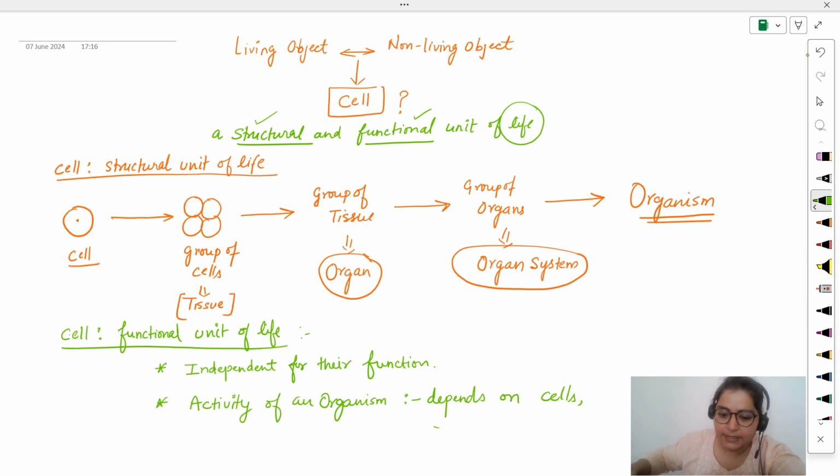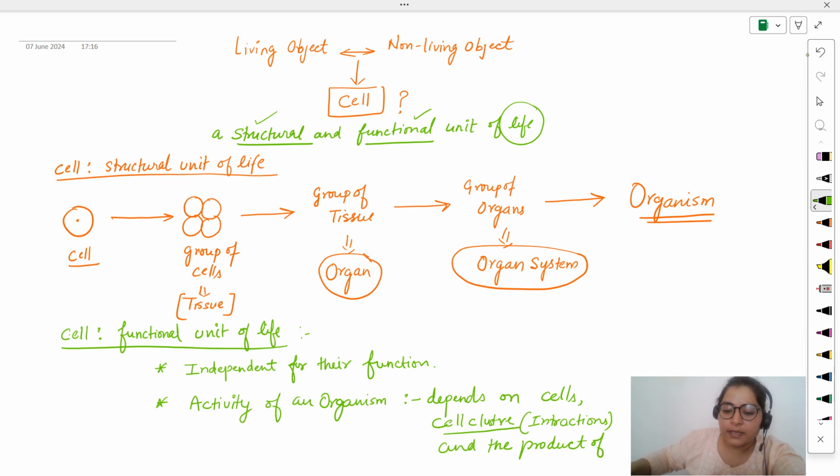First point is cell cluster, it means cell interactions, and the product of cell.